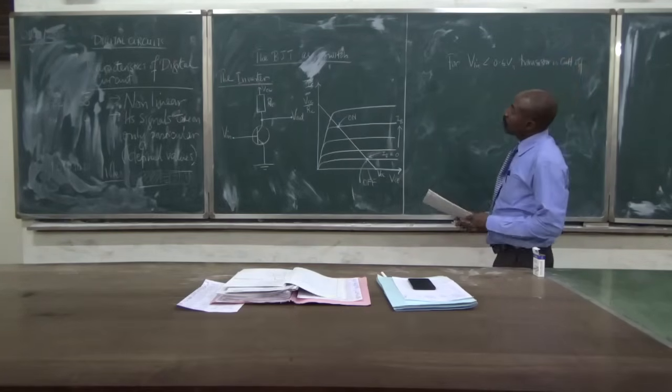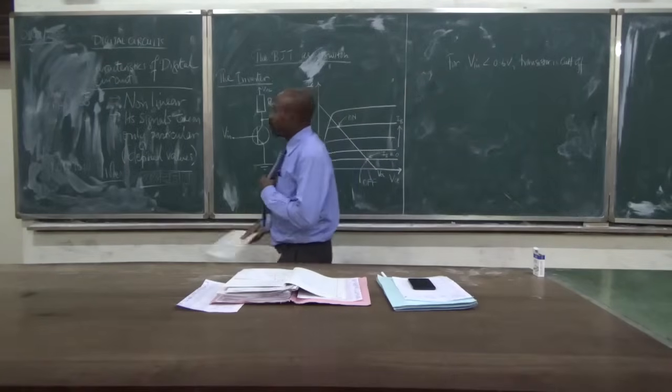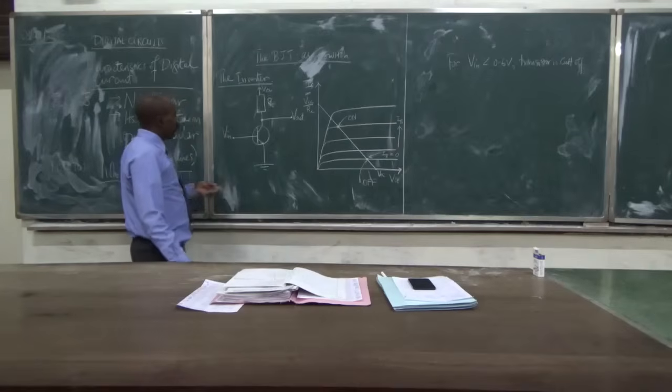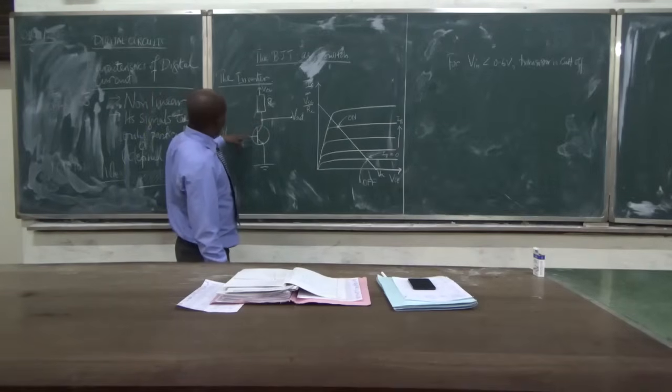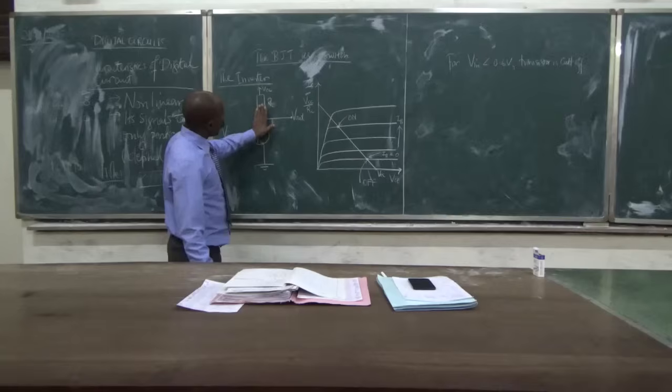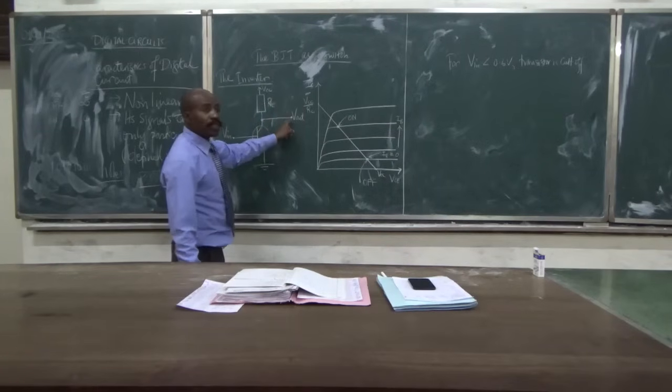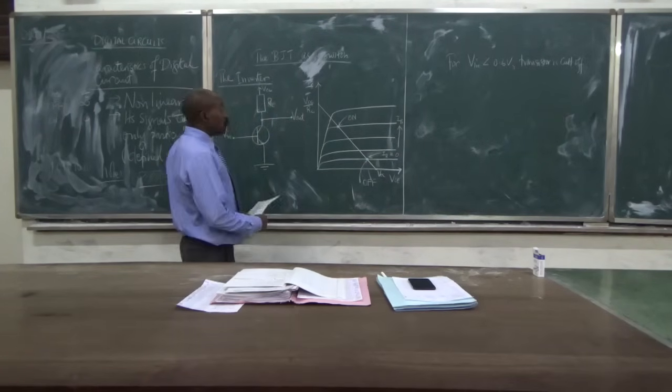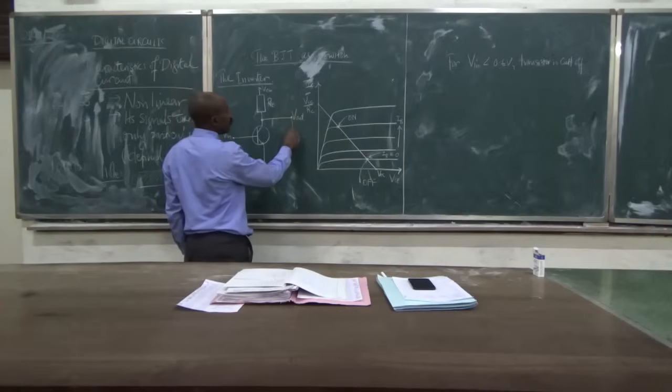If it is less than 0.6, more or less like 0, nothing is flowing, so everything is here. And whatever is showing that this transistor is on or off is our V output. I'm just going to do this for purposes of formality.